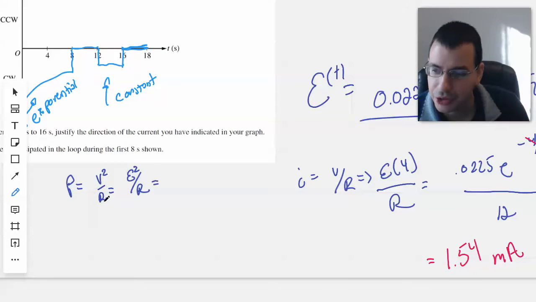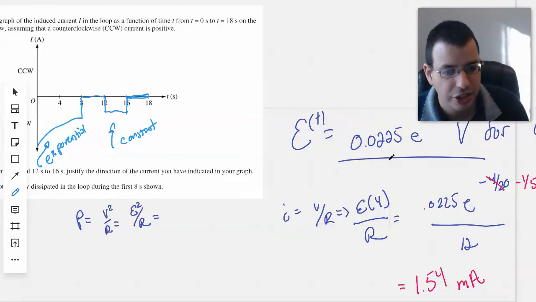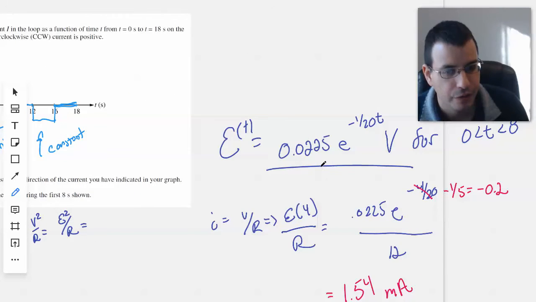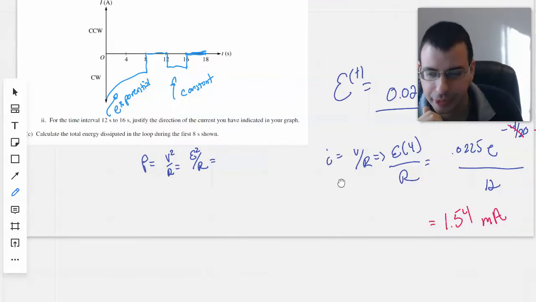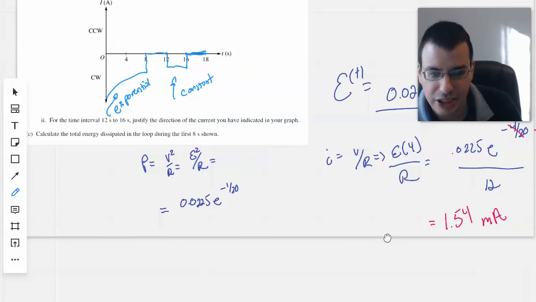Alright, so power equals voltage squared over resistance. We have then induced EMF squared over resistance. We have an equation with respect to t for voltage squared. So we have 0.0225 e to the negative 1/20th t.